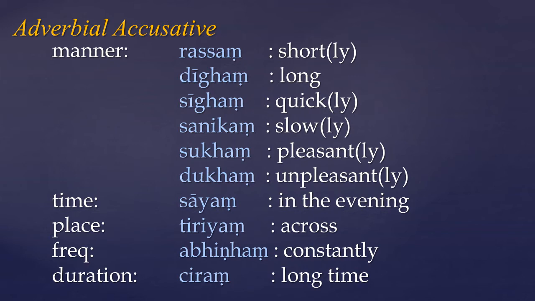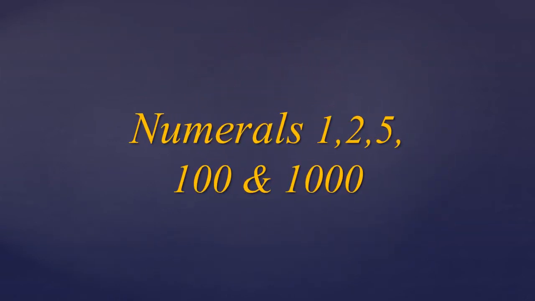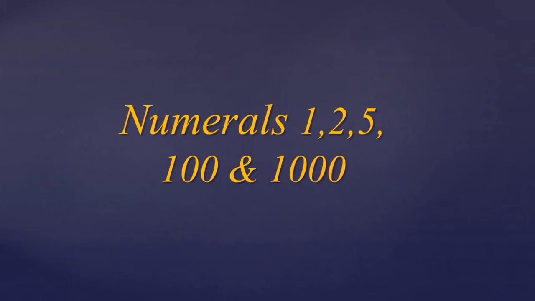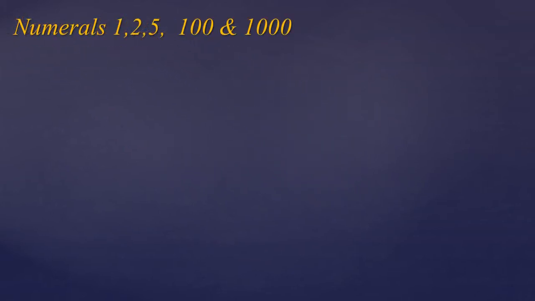So let's get on and look at the next section, which is numerals. Numbers in Pali are somewhat unusual. Their application isn't very regular, and so in this lesson, Warder examines the numbers 1, 2, 5, and 100 and 1000.